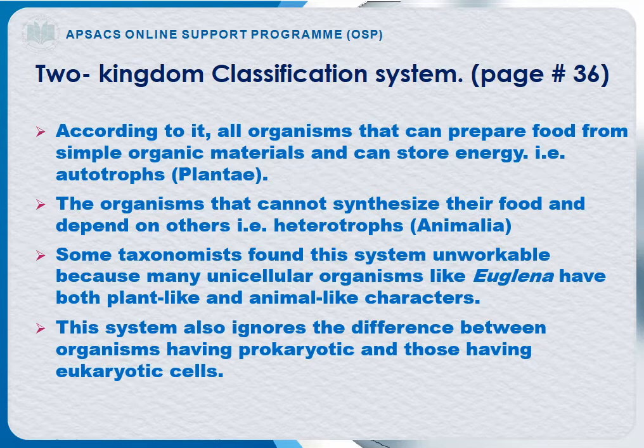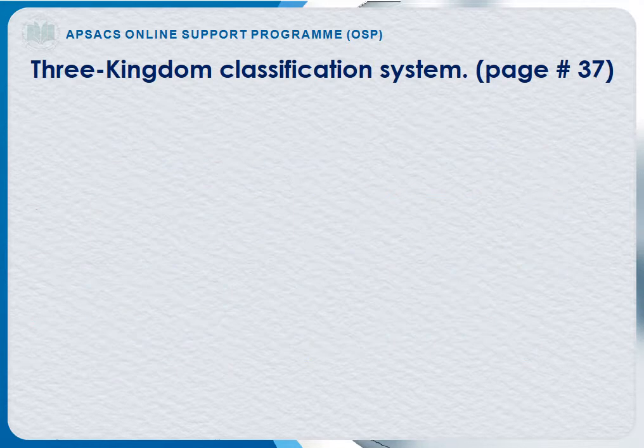The organisms that cannot synthesize their food and depend on others are heterotrophs. Some taxonomists found this system unworkable because many unicellular organisms like Euglena have both plant-like and animal-like characters. This system also ignores the differences between organisms having prokaryotic and those having eukaryotic cells.